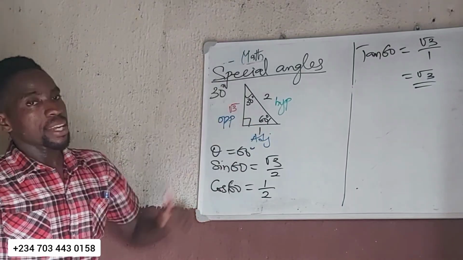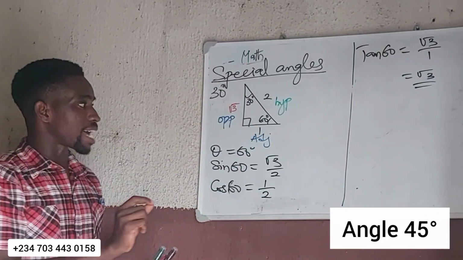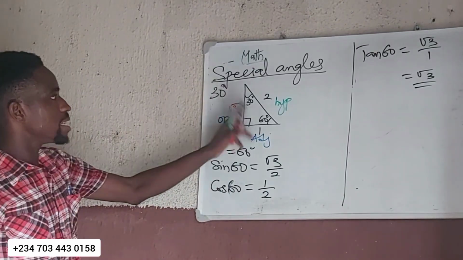So now let's go over to 45 degrees, which is another special angle. We are going to bring a new triangle for that. You can see that there is no 45 here.